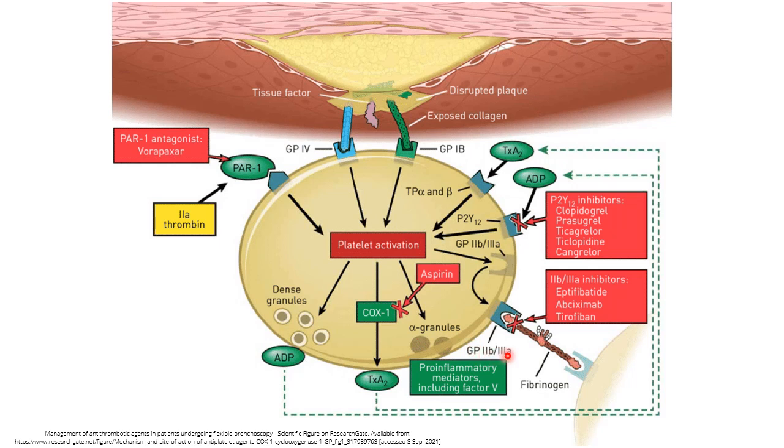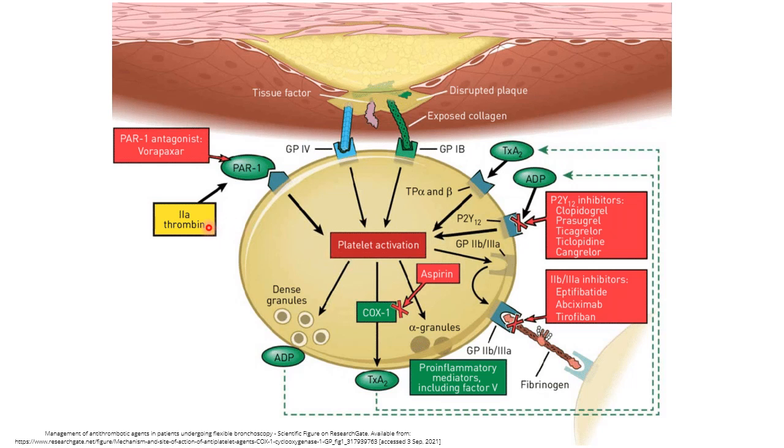So if you can imagine, this is the exposed endothelium. One platelet was bound there, and once it was bound, it was activated. This activation promotes the binding of other platelets to the exposed tissue and other platelets with each other, forming a thrombus. So this is mediated by GP2B3A.